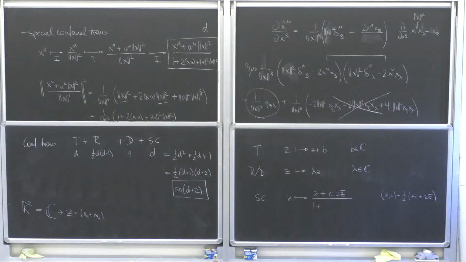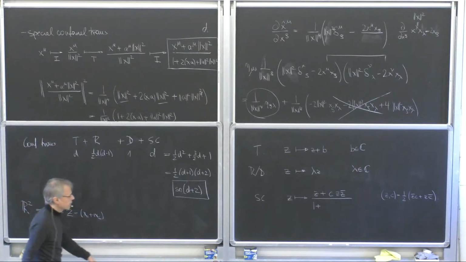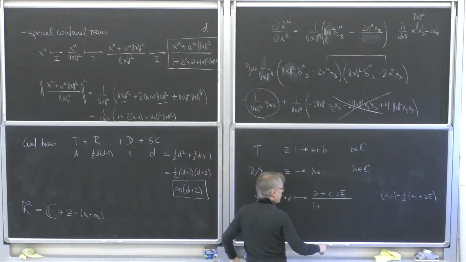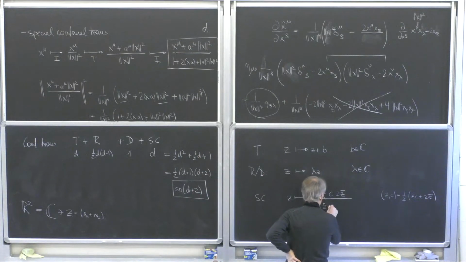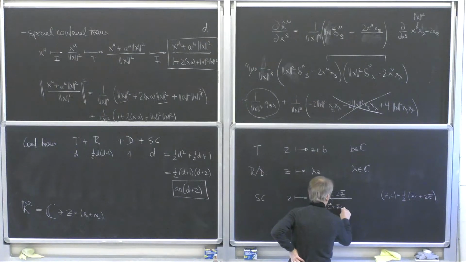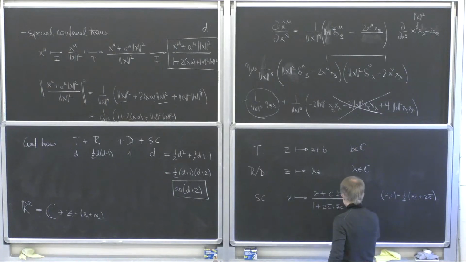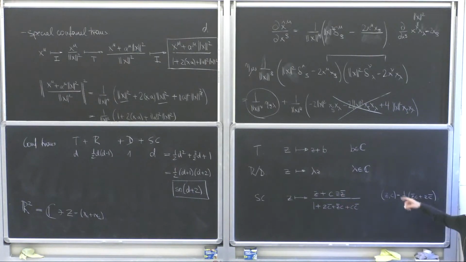That's the way you define the scalar product, because if you write this in terms of real coordinates, this would be x1 minus ix2 times y1 plus iy2, and then you do the antisymmetric bits, so you only keep the x1 squared plus x2 squared term. So the term in the denominator, the 2x dot A, will look like C Z bar plus Z C bar, and then I have a term that looks like C C bar. Right? So that's the special conformal transformation as written out in a 2-dimensional complex formulation.